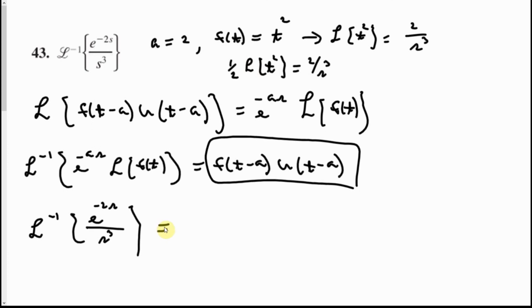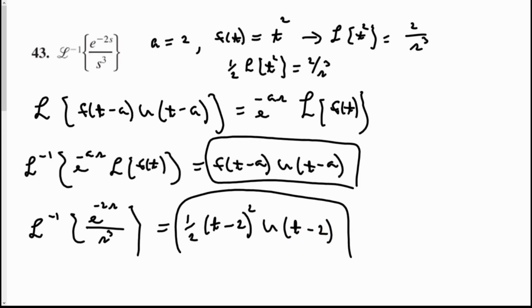So let's see. We write this as the function f of t minus a. So wherever you have the t, you got to write t minus a. So this is 1/2 times t minus 2 squared, because a is 2, times the unit step of t minus 2. That's it.